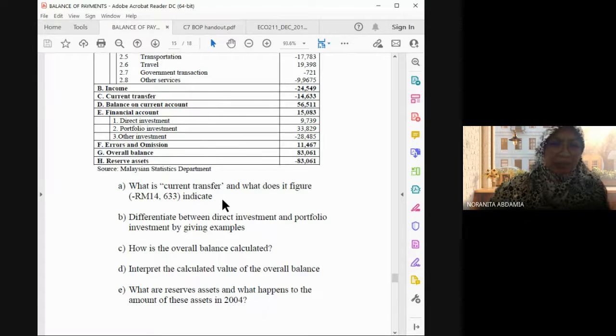Dulu ini part B sebab ada 3 objektif, subjektif and essay kan. But kali ni dah tak ada objektif, hanya ada part A dengan B lah. A is actually for the subjective, for the calculation, and B is the essay. I think maybe because your mentality, ingat asalkan subjektif, asalkan calculation part, dah nama calculation, calculate lah. Tapi soalan ni tak ada kira-kira.